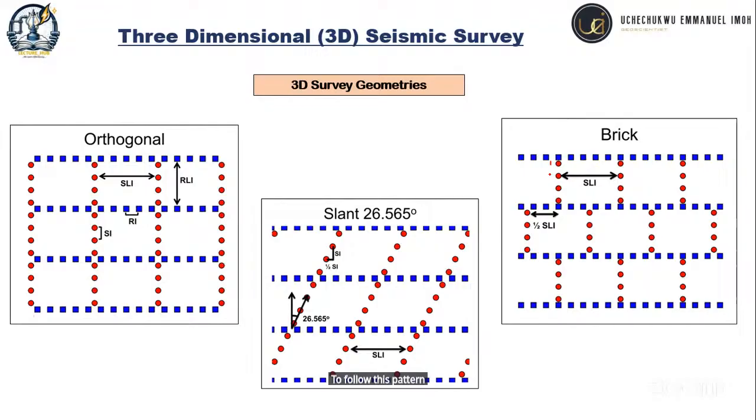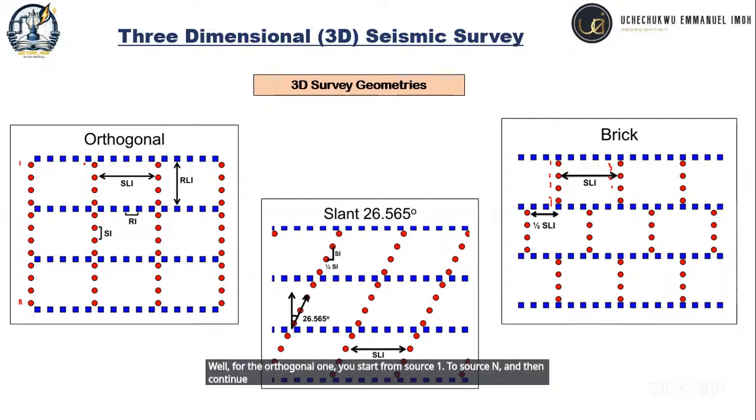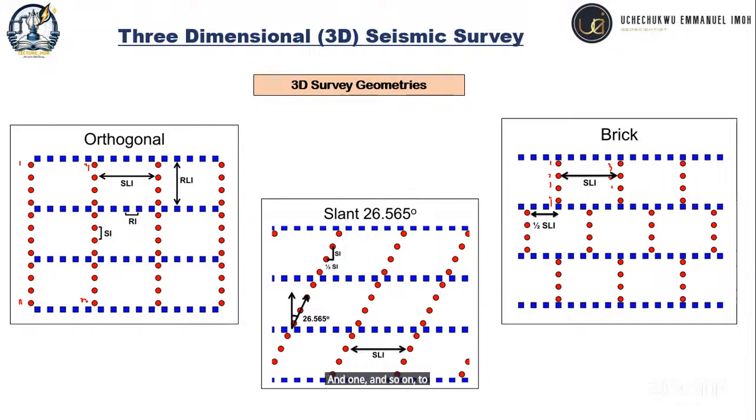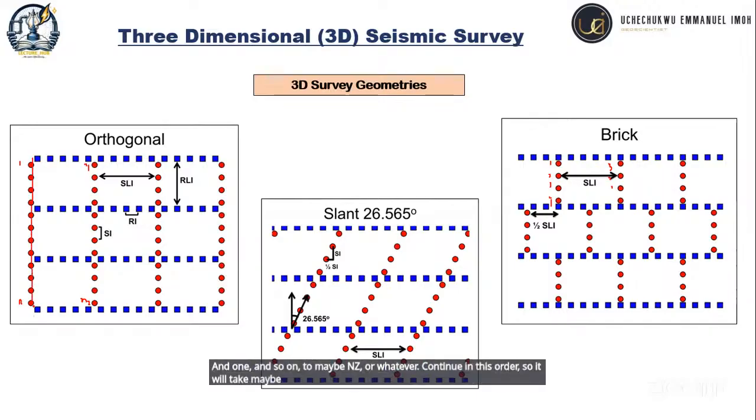This could be your source 1, 2, 3, 4, 5, 6, 7, 8, 9, 10, and it continues, and so on and so forth. But for the orthogonal one, you start from source 1 to source n, and then continue n1, and so on to maybe nz or whatever, and continue in this order. So it will take maybe this configuration.